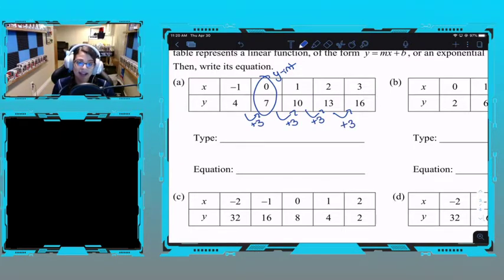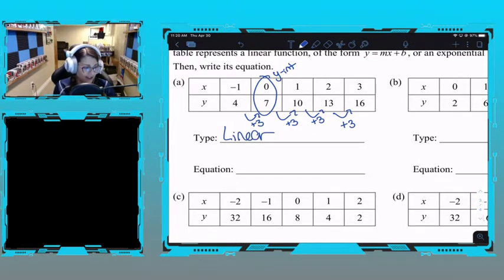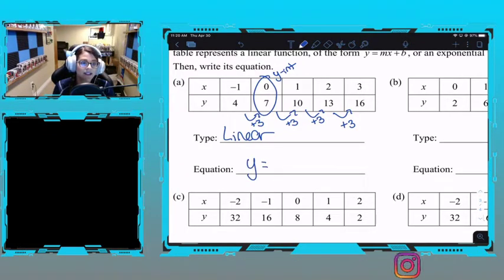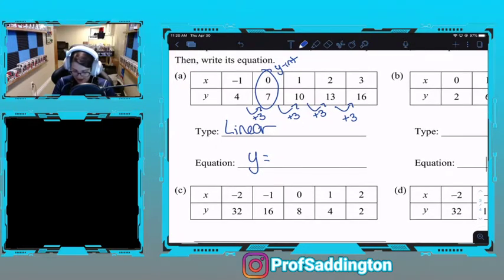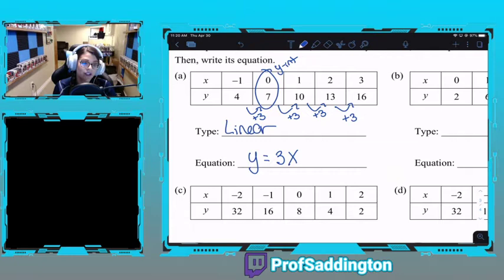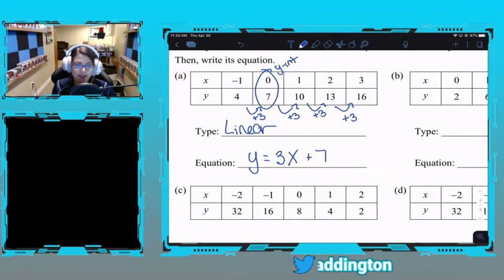Since it's adding, we know that this is going to be linear. Then we have to think of the equation. That's going to be y equals, because those x's are going up by 1, we can say that our slope is 3. And again, I could always show change in y over change in x, but this is a little bit of a shortcut. And then plus your y-intercept, which in this case is 7.